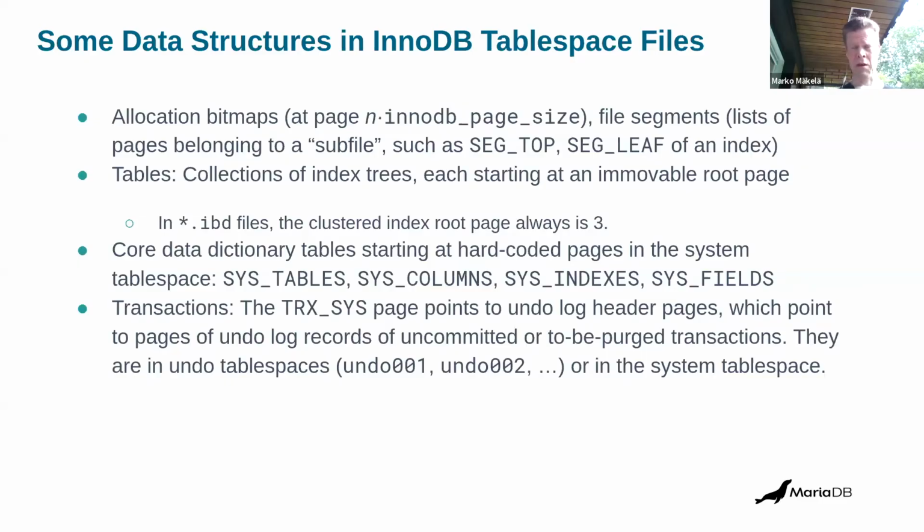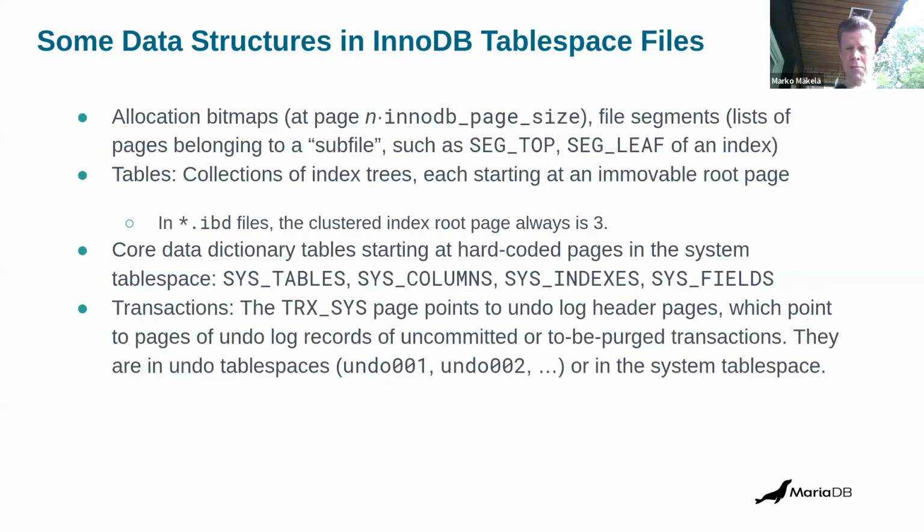For example, if you delete a lot of rows, then the pages could be freed inside the tablespace, but InnoDB never shrinks the files. There is only some exception related to truncating undo log tablespaces, but normally the only way InnoDB files can shrink is when you rebuild the tablespace, like OPTIMIZE TABLE.